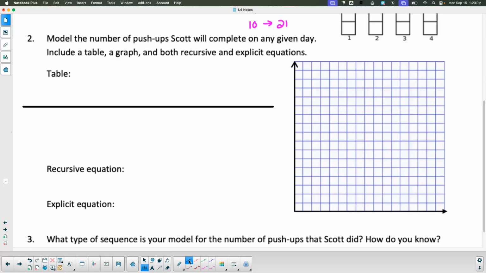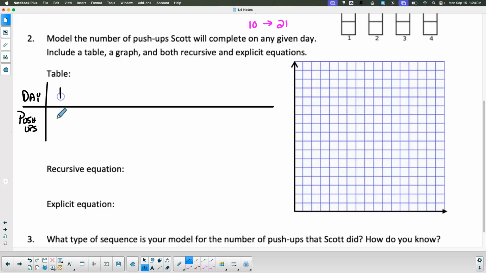Top would be your input. Push-ups? Nope. That's our outcome. What's going to be my input? Days. Yep, what day you are is going to determine how many push-ups you do.